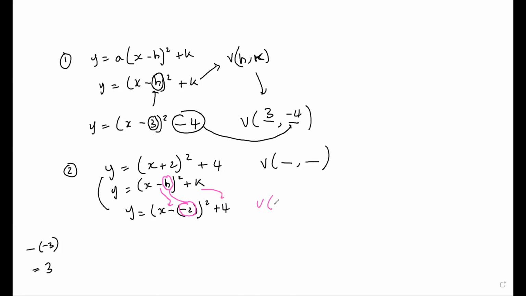So your vertex is going to be (minus 2, 4). So that might be the confusion. If this is plus 2, this is going to be minus 2. Okay, so use the opposite sign of whatever this is. So if it's plus 2, you write minus 2 here if you have a problem with this idea here. Okay, so let's erase a little bit, maybe the top one.